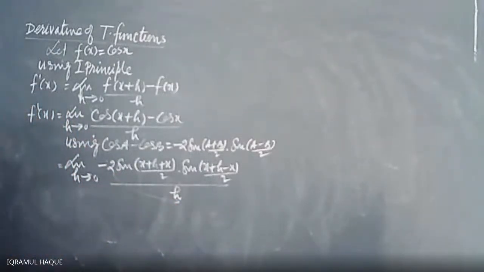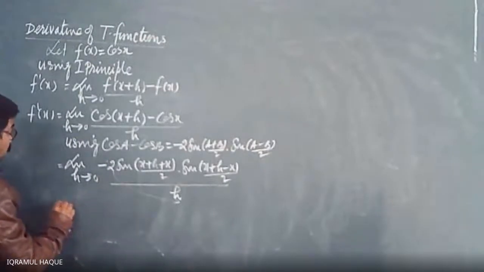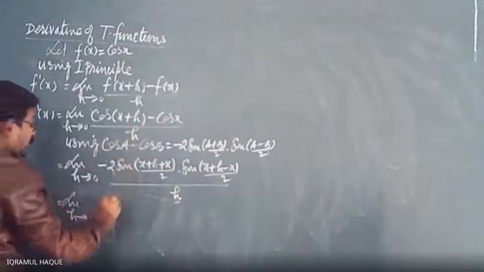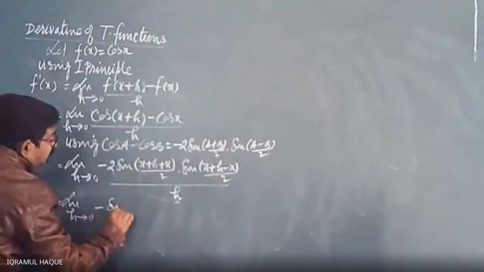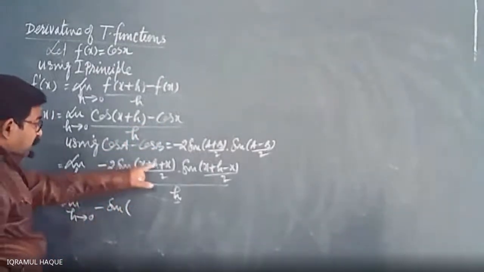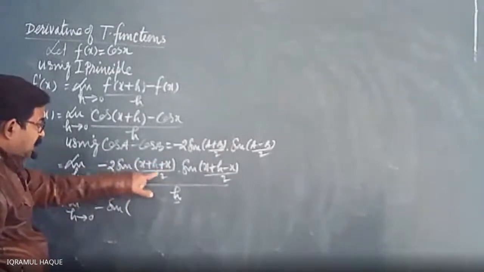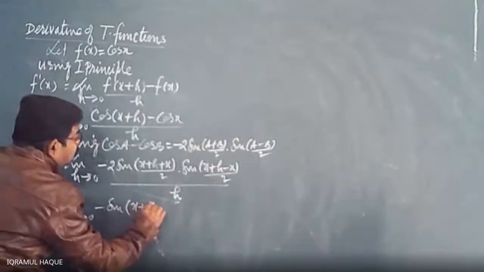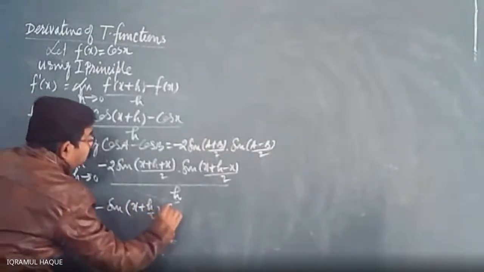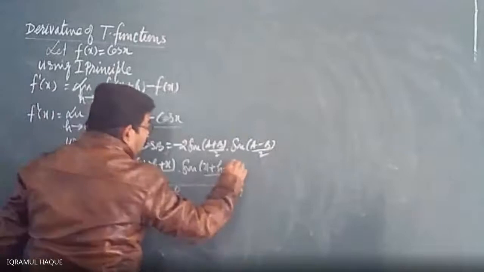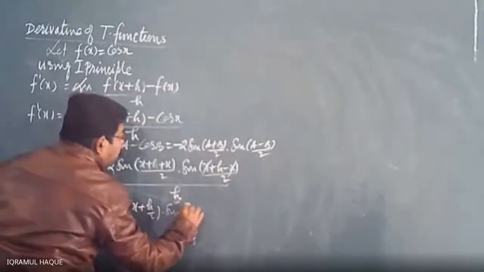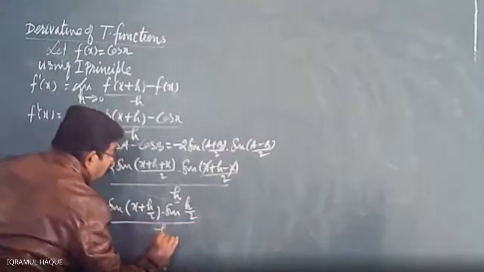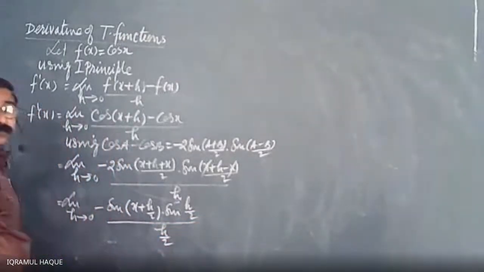Now we can write this limit h tends to 0, minus sin((2x)/2), that is x, plus h by 2, sin, here minus x and plus x will go, sin(h/2) upon h/2.